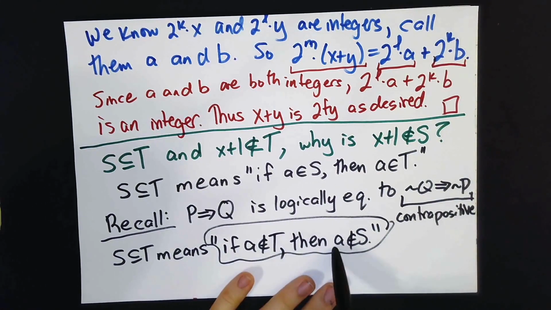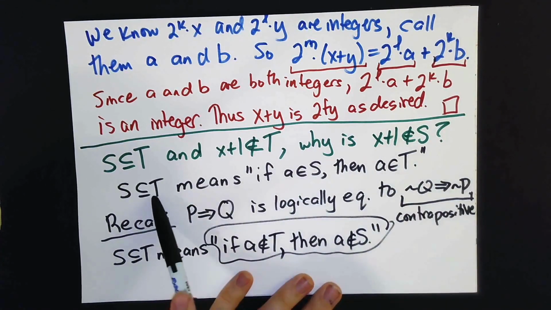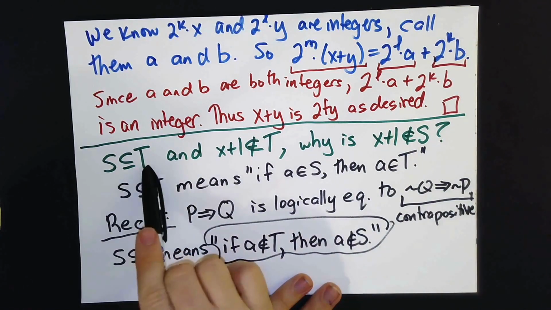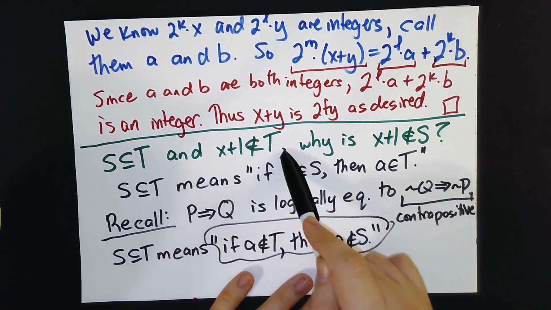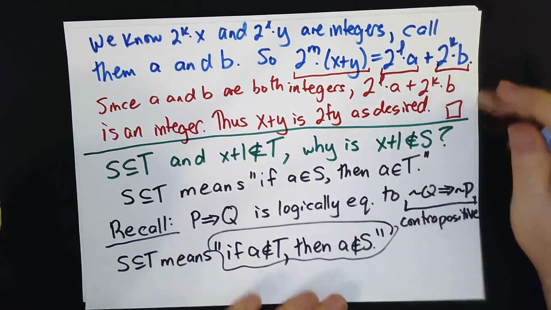This is just literally the contrapositive of the definition of being a subset. And so in particular, since S is a subset of T and x plus 1 is not an element of T, then x plus 1 is not an element of S.